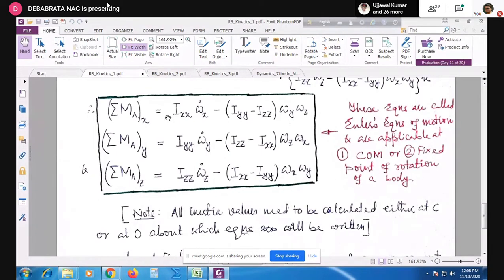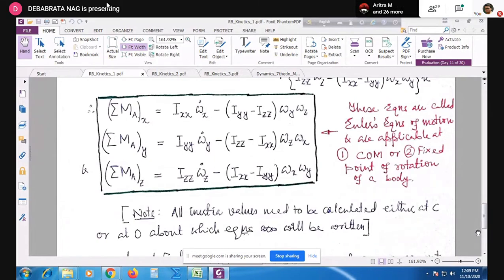But till now, we don't have the opportunity to relax assumption 2. So we will consider the XYZ axes to remain body fitted axes, but we will see in the next chapter that these XYZ axes need not be body fitted. That means we can have relaxation on that assumption as well.